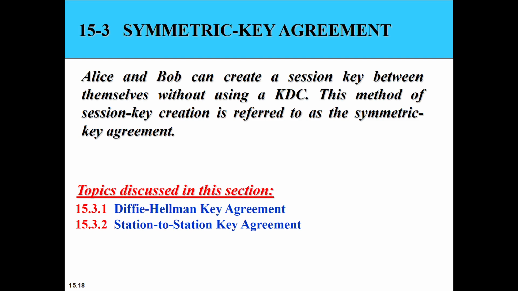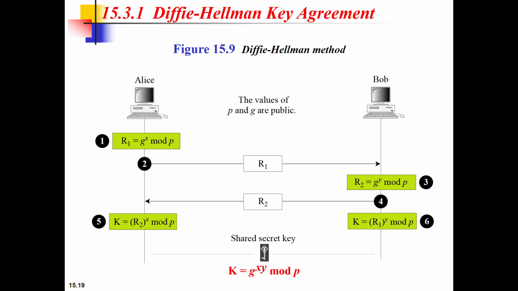So we have two protocols in this, Diffie-Hellman key agreement and station-to-station key agreement. Diffie-Hellman key agreement is based on the discrete log problem. The security of Diffie-Hellman is based on the difficulty of solving the discrete log problem.